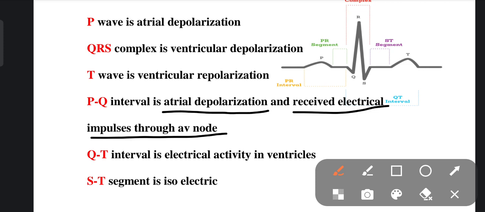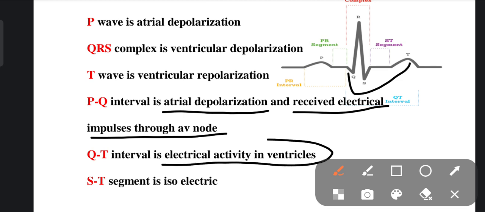The next one is the QT interval. We can see the QT interval from here to here. This interval is the electrical activity of the ventricle. Here the ventricle, which is present in the lower chamber of the heart, will be contracted by receiving electrical impulses.